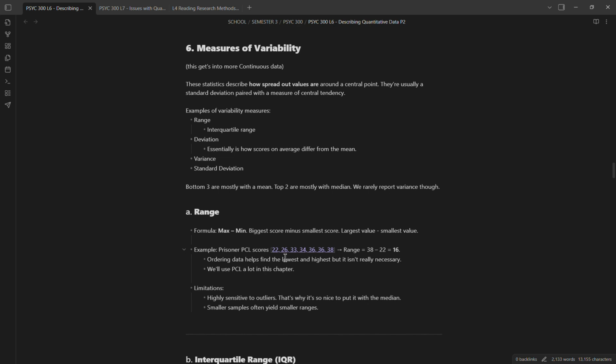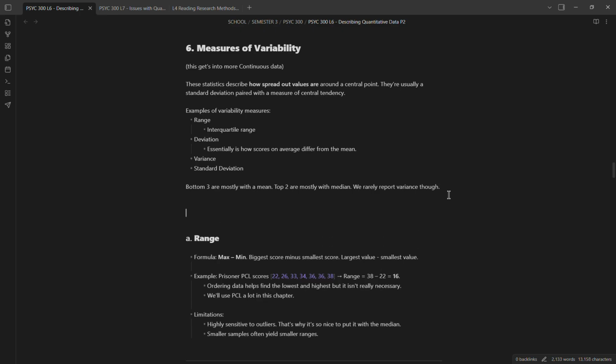Measures of variability statistics describe how spread out values are around a central point. They're usually paired with some kind of measure of central tendency. Again, some of those examples are range, interquartile range, deviation, variance, and standard deviation.